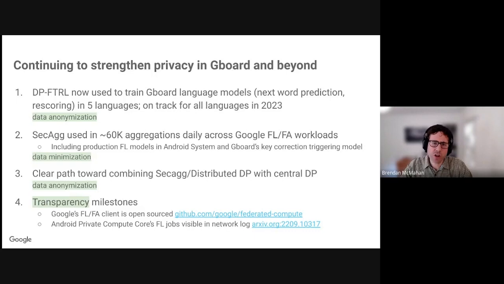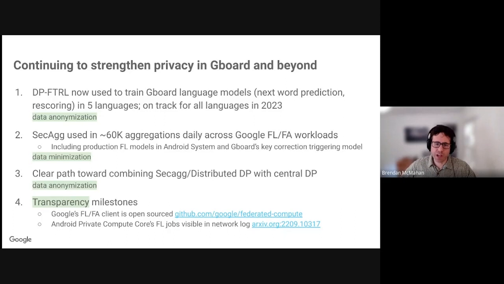To support stronger data minimization, preventing, say, an honest but curious server from accessing per-user updates, we've continued to advance the state of the art with our secure aggregation protocol. Secure aggregation is now used in production for over 60,000 aggregations daily across all Google Federated Learning and Analytics workloads.